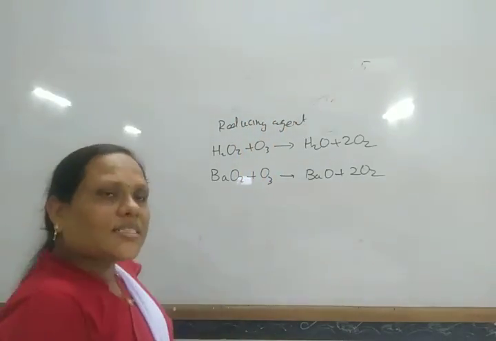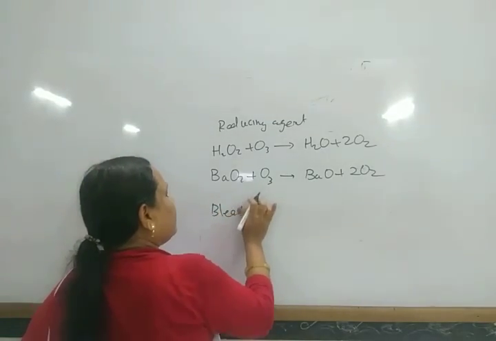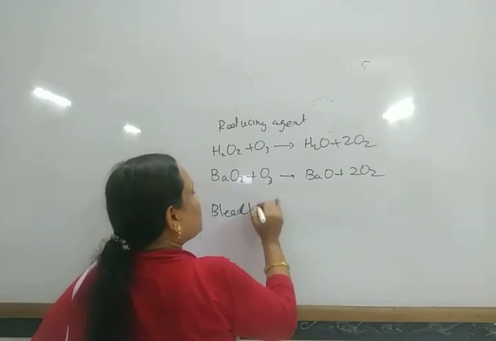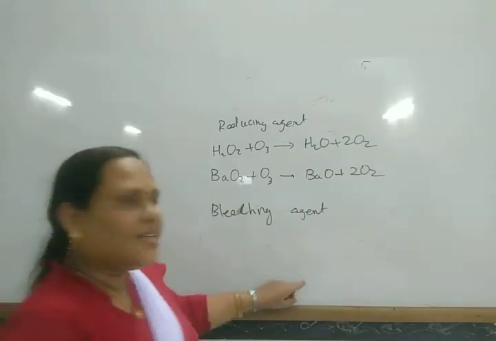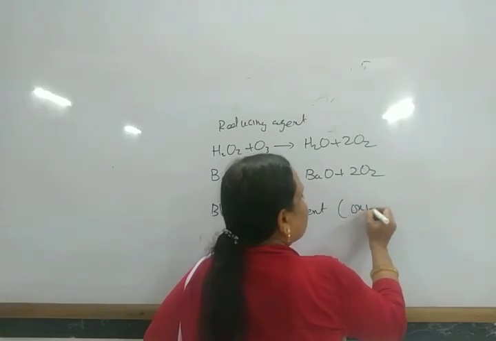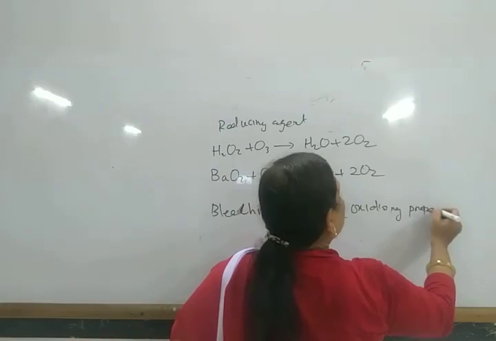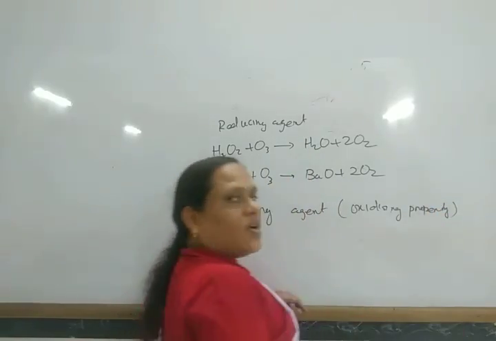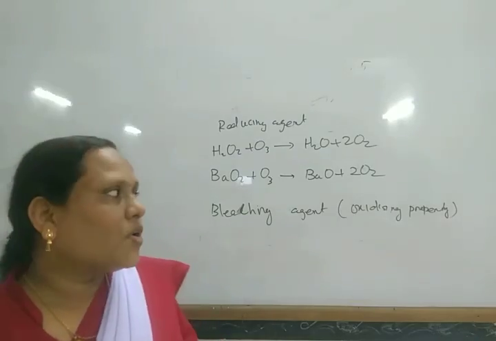Ozone also acts as a bleaching agent, due to its oxidizing property, and the oxidizing action is permanent, like that of chlorine.